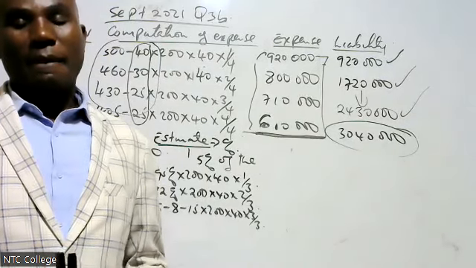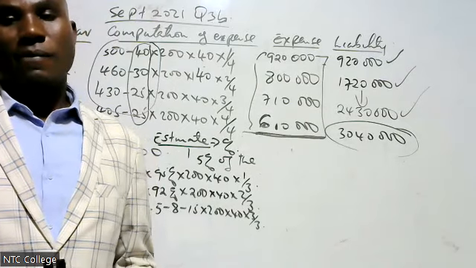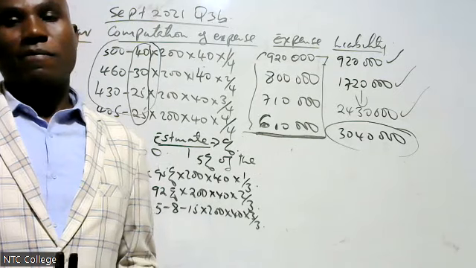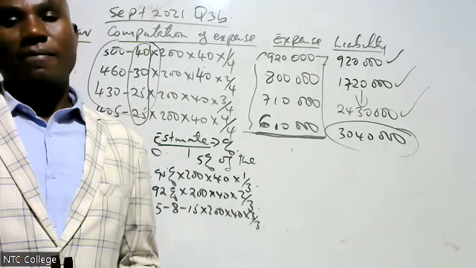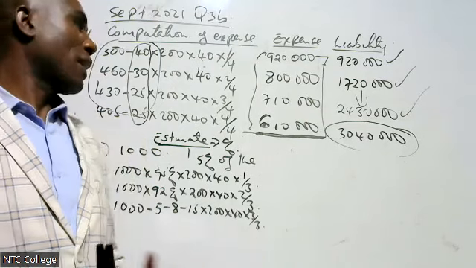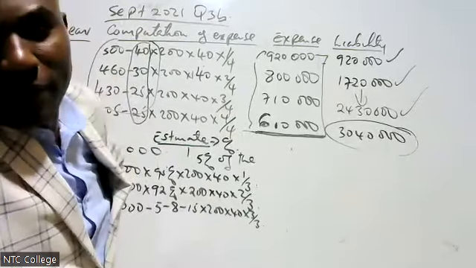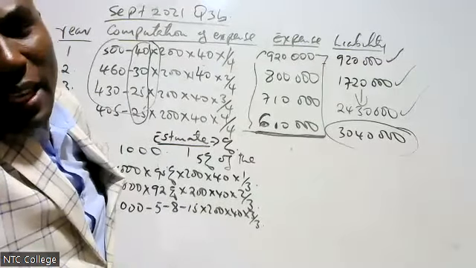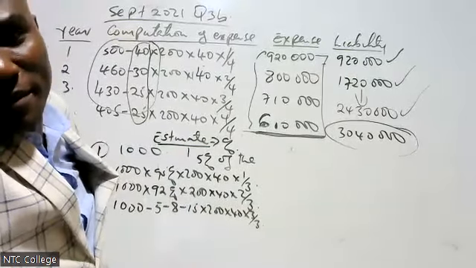For this other one we were given different percentages, you calculated 92%, 95%, and another one at 90 whatever percent. Why? Because the examiner was revising the estimate.